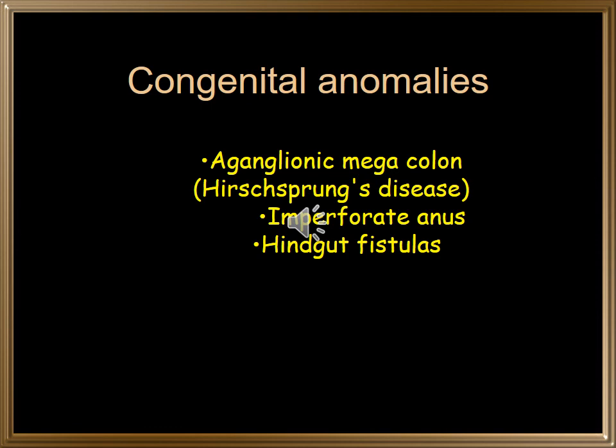If the cloaca is not separated properly, there will be an abnormal communication between the hindgut or rectum and the urinary bladder. It's called rectovesical fistula. And in the case of a female, since the uterus interposes between the wind and water, there will be an abnormal communication as well, called the rectovaginal fistula and so on.